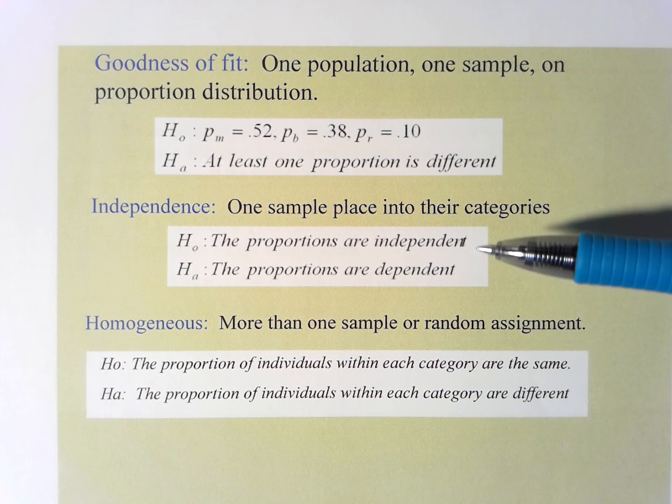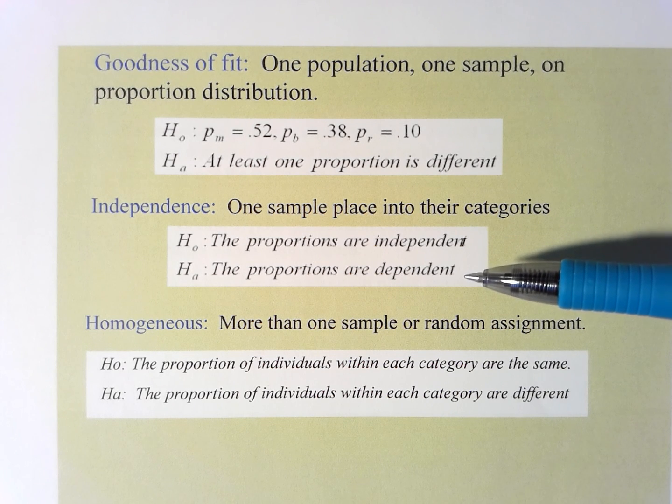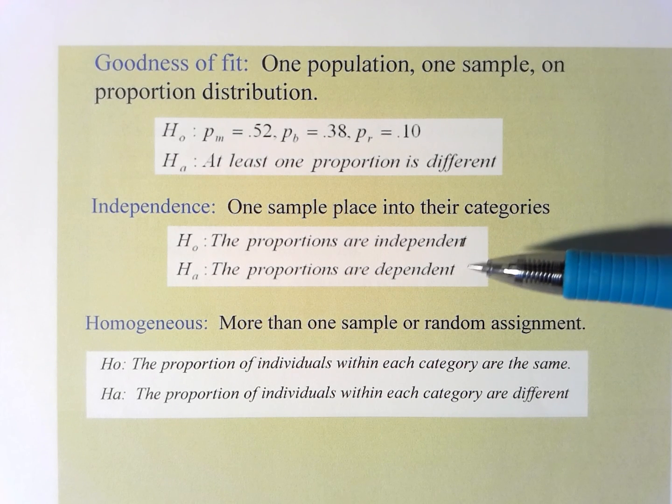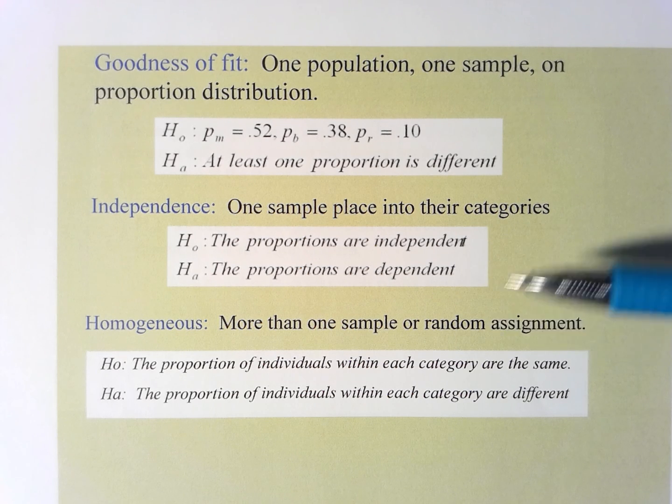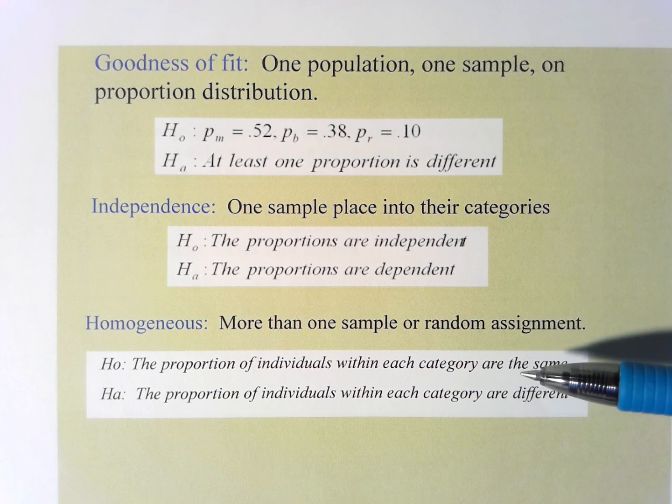Because remember, if we fail to reject this, we don't have evidence to show this. A lot of you said, I failed to reject this. That means I have evidence to show this. That's not true. If you fail to reject this, you don't have evidence to show this. But that's one of the weak spots we'll talk about more later.